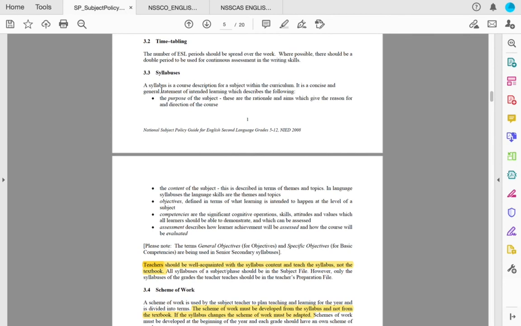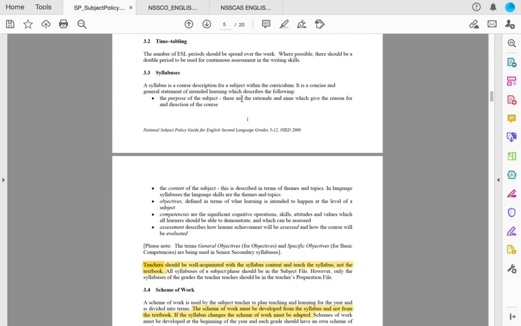It is a concise and general statement of intended learning, which describes the following, like the purpose of the subject. So these are the aspects that you'll find in the syllabus, and we'll see that shortly.